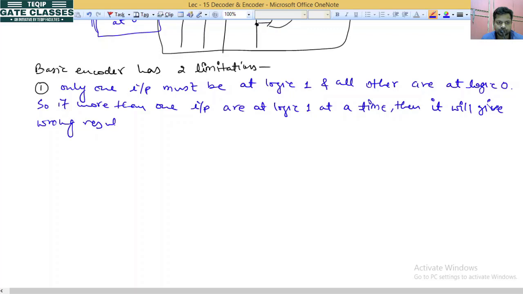Okay na? So in this case we are wasting a very large number of inputs.